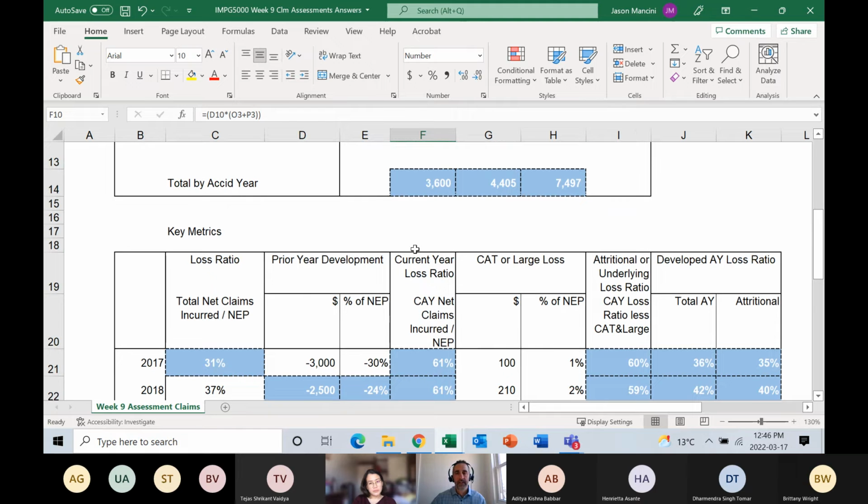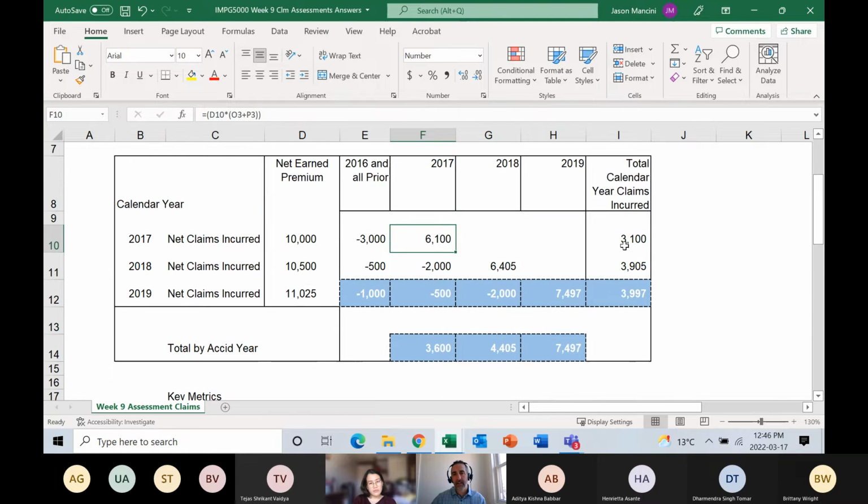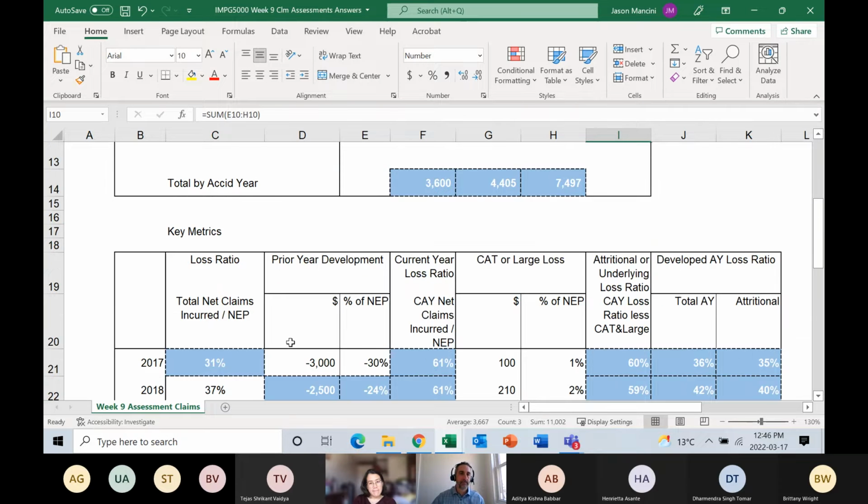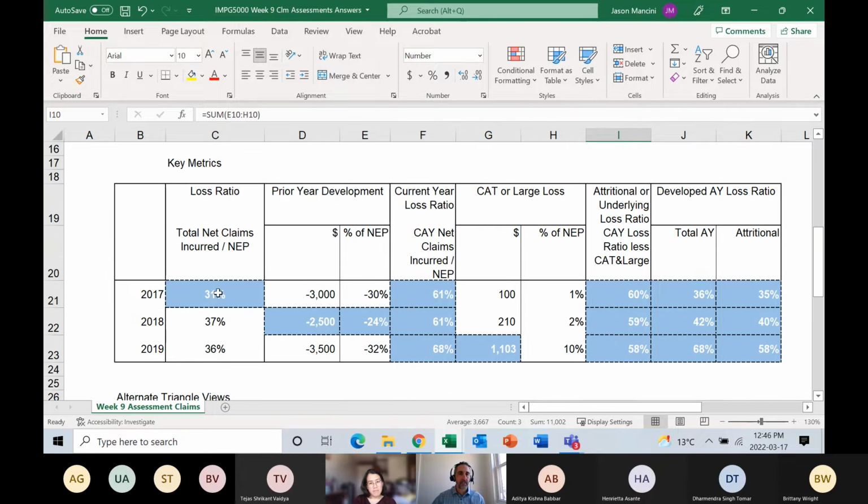So when we look at what's actually happening in this calendar year, we want to unpack it a bit further. These are the ratios that they're showing, total net claims incurred over the earned premium for the year. Very, very low, unreasonably low in this example.